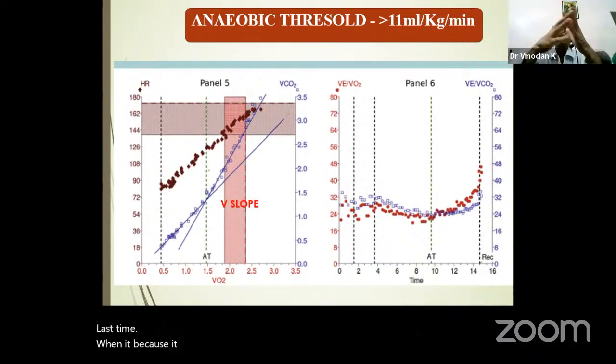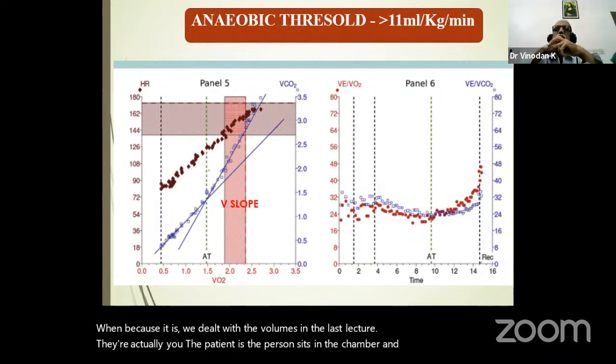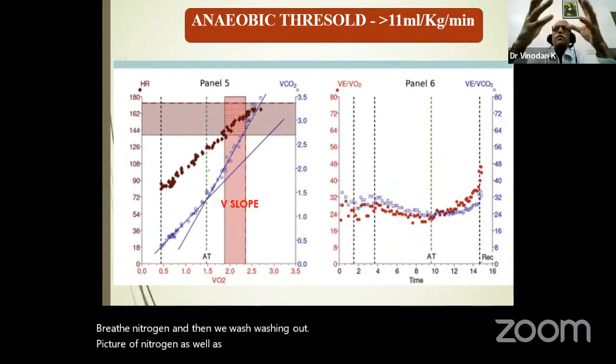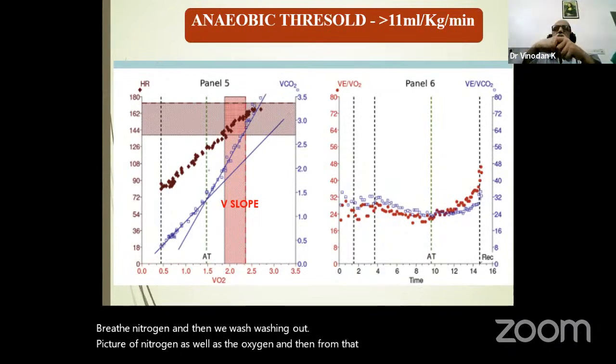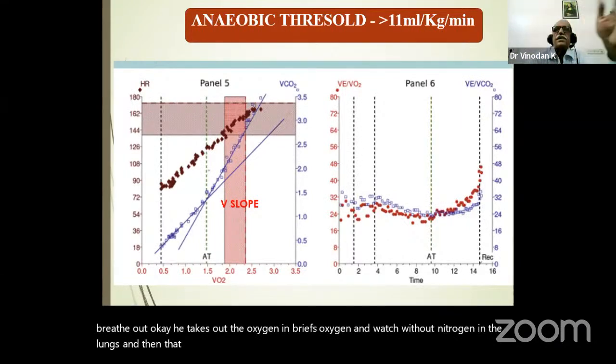We dealt with the volumes in the last lecture. There the person sits in a chamber and breathes oxygen and washes out the nitrogen in the lungs, and then that particular sample is collected.